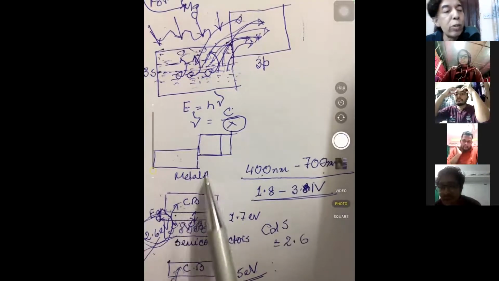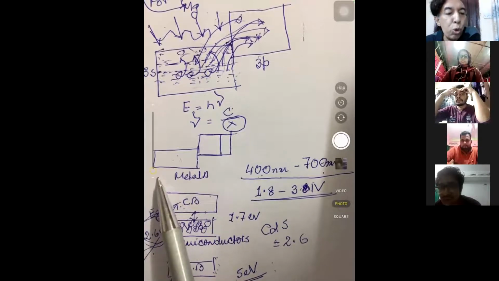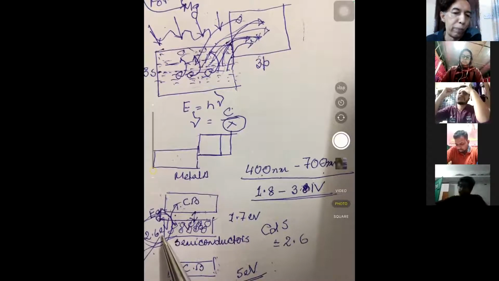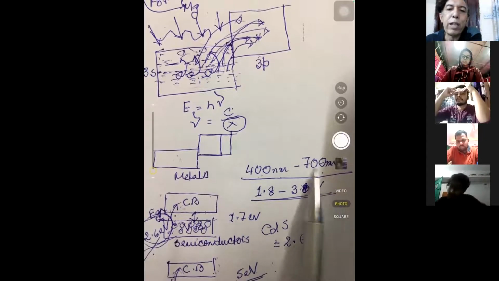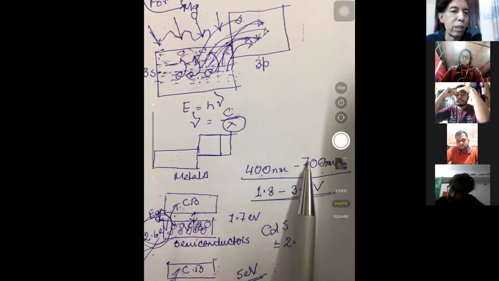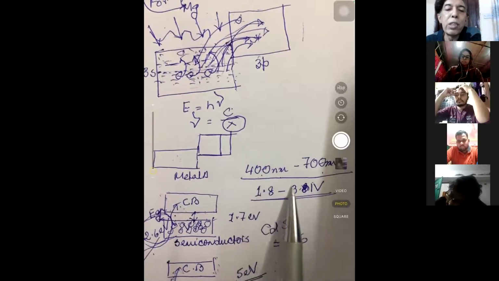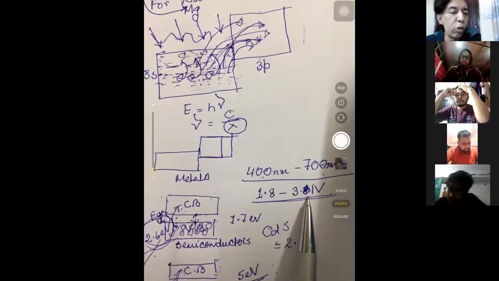Which one will it absorb? Whose energy is 2.6 electron volt or greater. Say for example 400 nanometer, its energy is 3.1 electron volt.